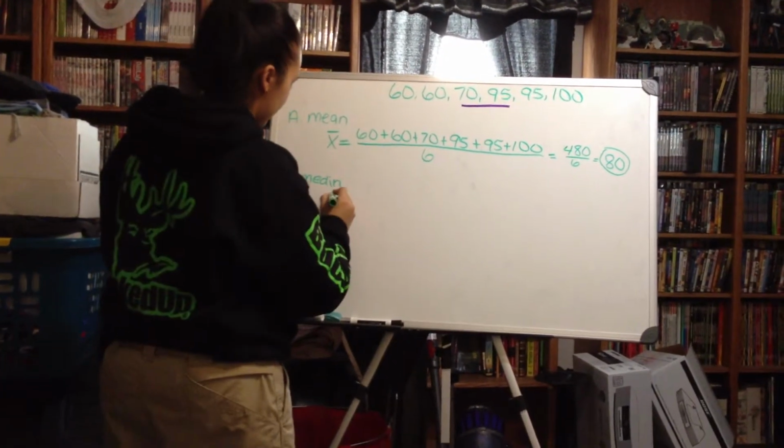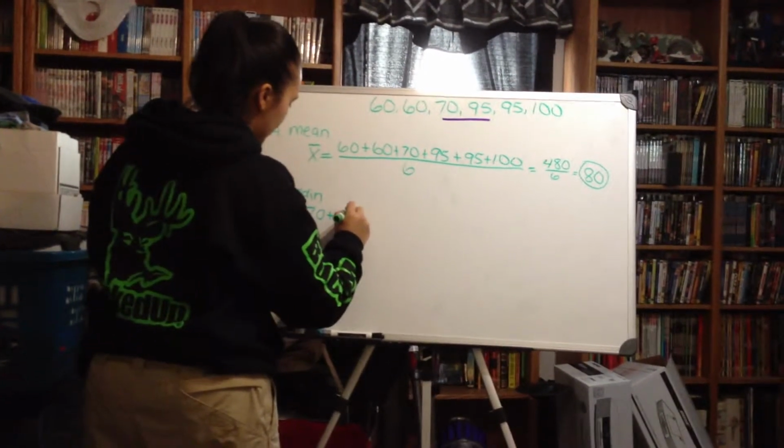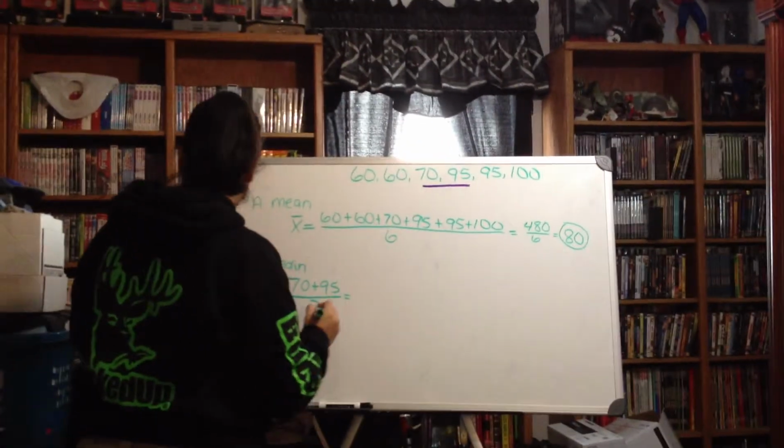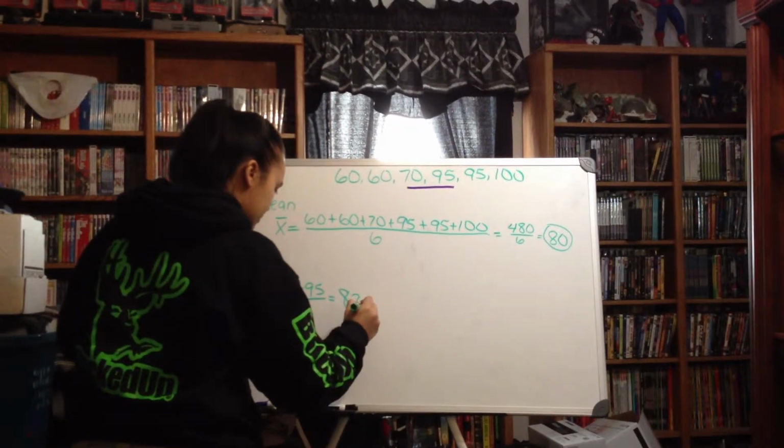So, we're going to have 70 plus 95 over 2, which is going to equal 82.